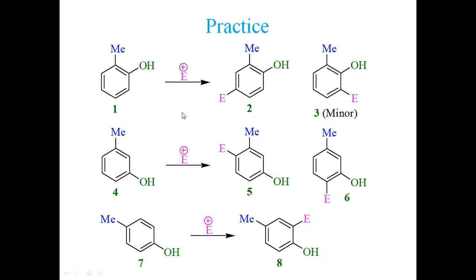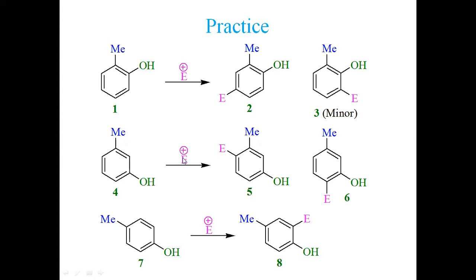But if electrophile approached between the two, this methyl is sterically crowded, this OH is also sterically crowded, so this electrophile doesn't approach. We shall see the next rule which is about this. Between the two groups, a new electrophile shall not approach due to steric factors. So this rule you shall see later in next lecture.